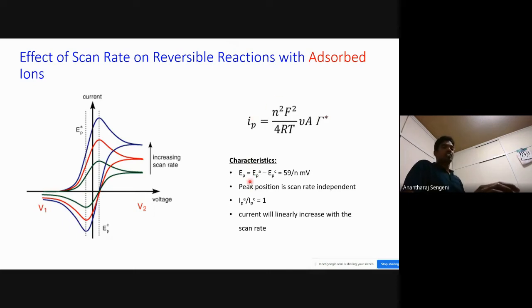All the other conditions are the same. The peak-to-peak separation will be closer to 59 millivolt, and peak position is independent of scan rate, which will not shift anodically or cathodically with increasing scan rate, and the current ratio, Ipa to Ipc ratio, will also stay the same, but the current will linearly increase with the scan rate instead of the square root of the scan rate, what we have seen for freely diffusing ions.